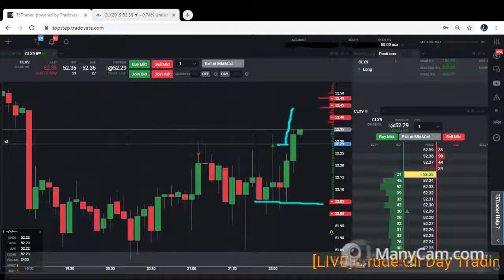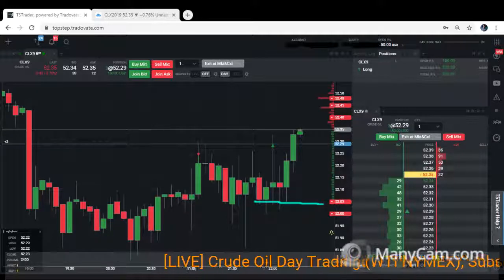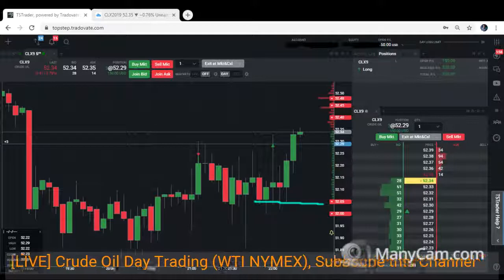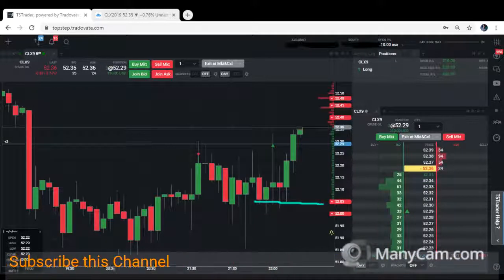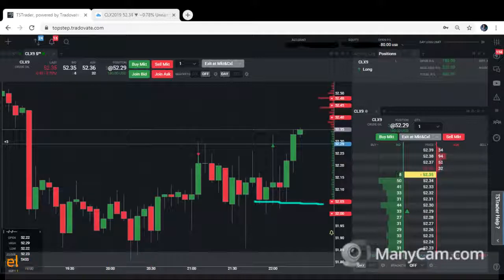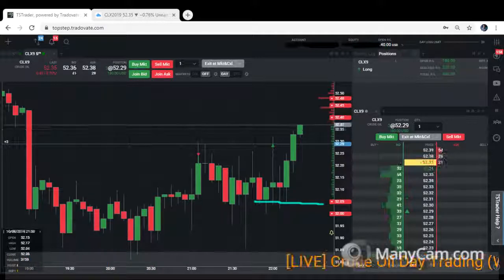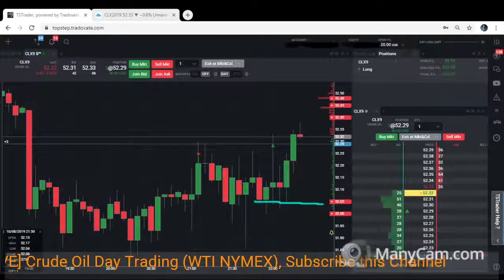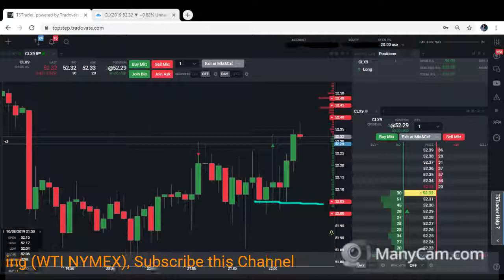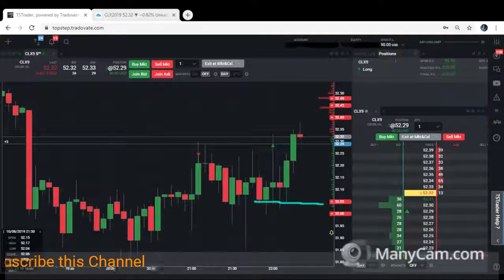So let's continue to watch this live. Hopefully we can capture the breakout on the higher side. Looks good so far. Still bullish. The moment I say they're bullish, now they try to reverse back.